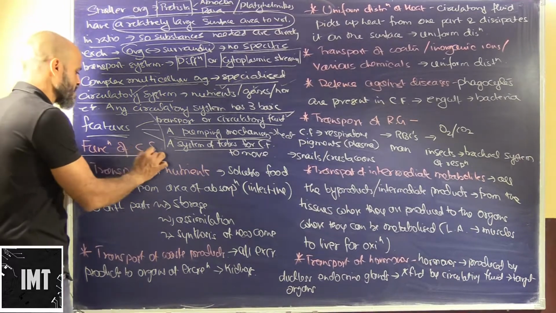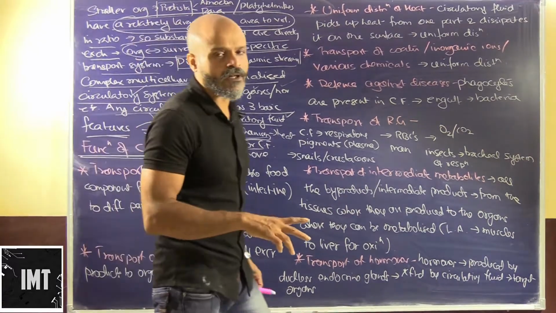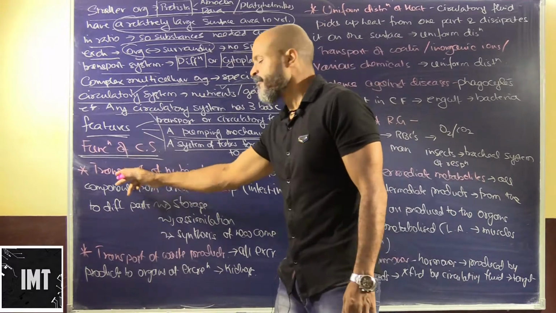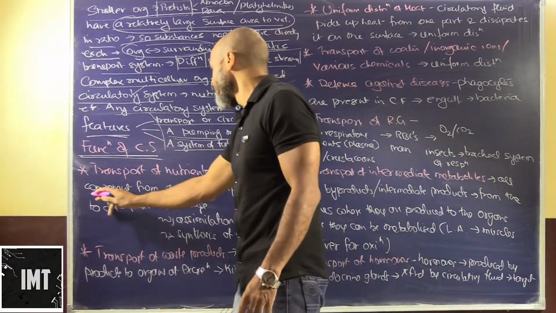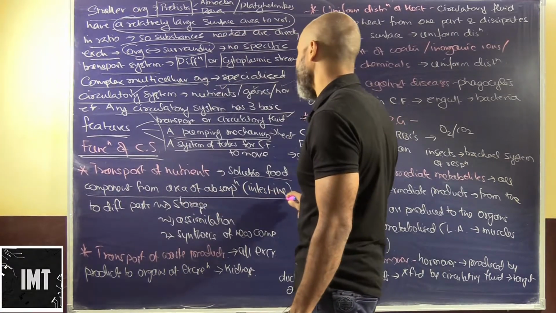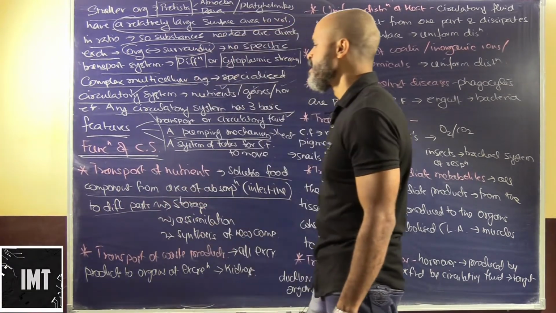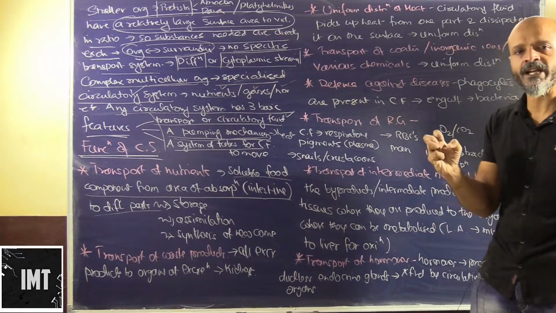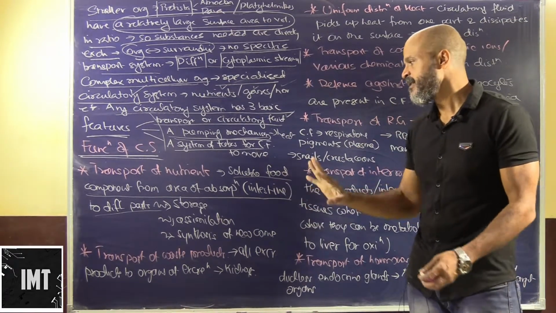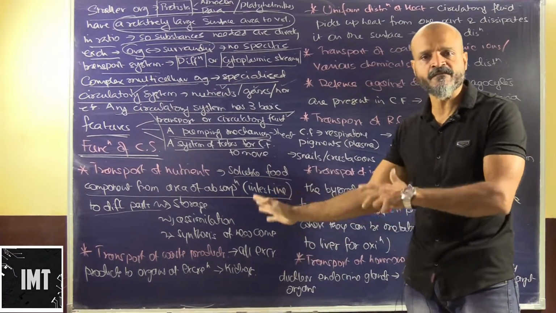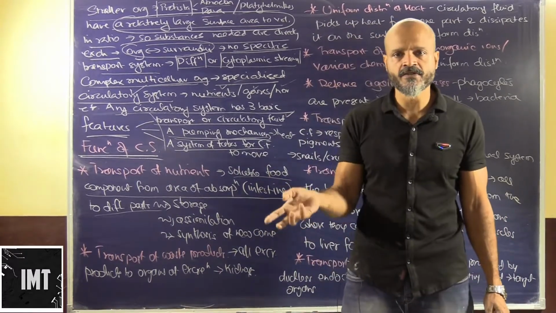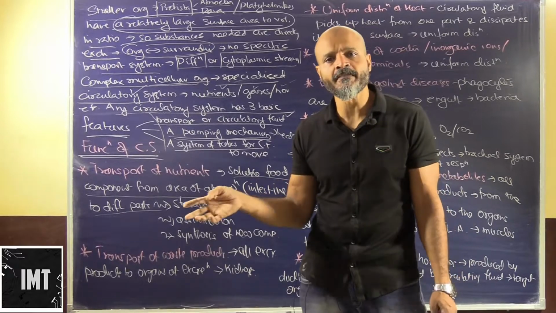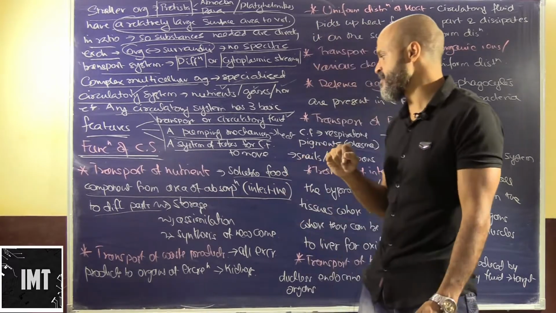Now, what are the functions of a circulatory system? First is transport of nutrients, the soluble food components from the area of absorption to different parts, because this food has to burn, it will act as a fuel by oxidation. We know that oxidation of food happens and energy is produced by the process of respiration.